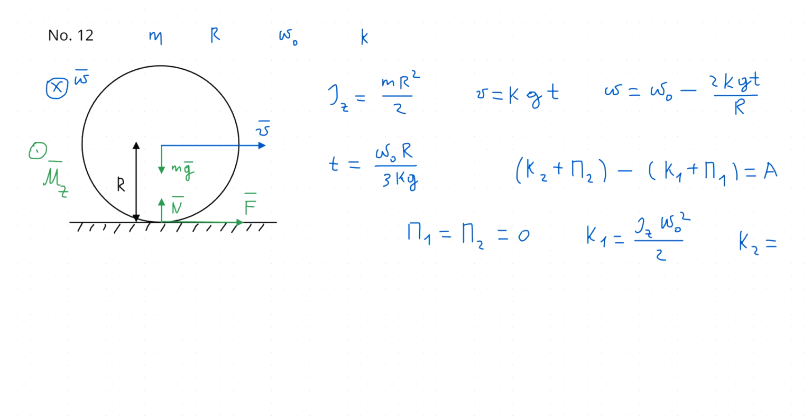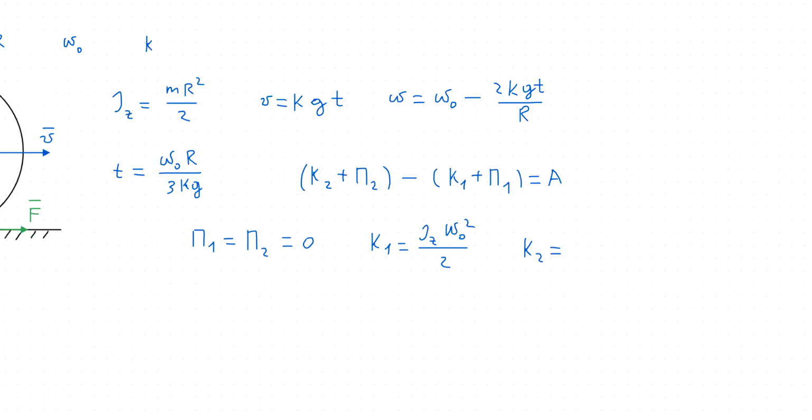Also the same first formula and the normal kinetic formula, 1 divided by 2 mv square. Yes, it will be IZ omega to the power of 2, but without index 0, plus m v to the power of 2 divided by 2.